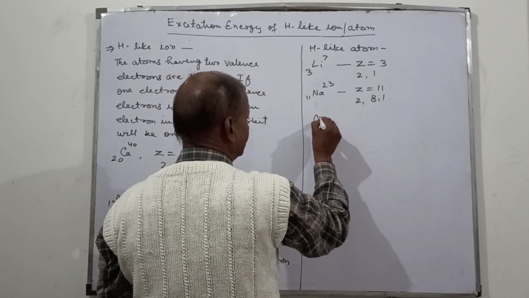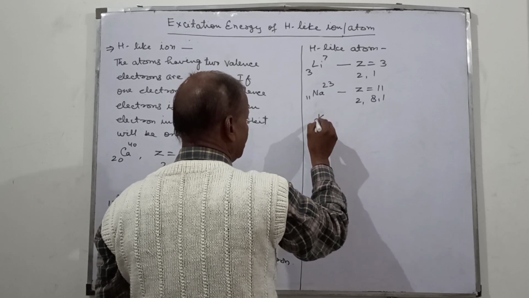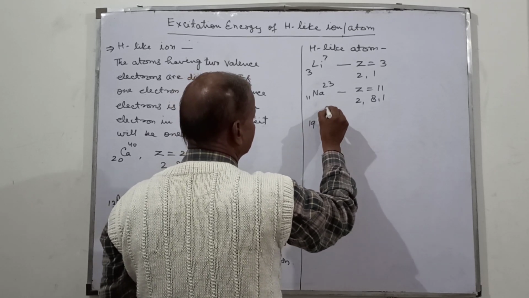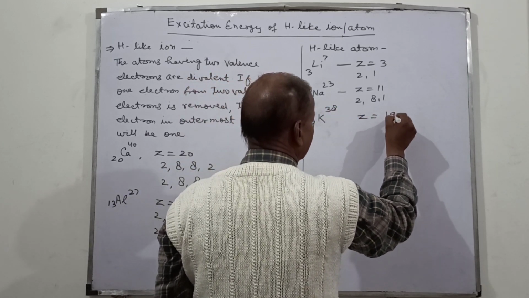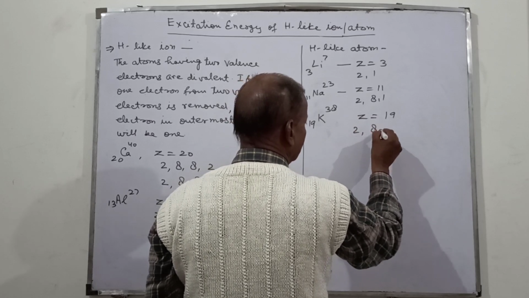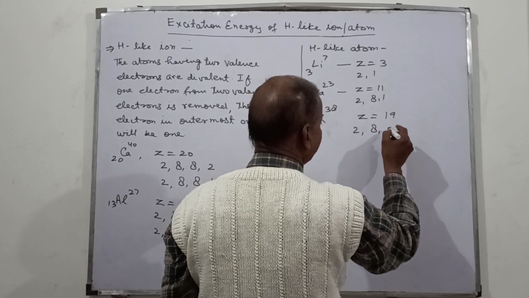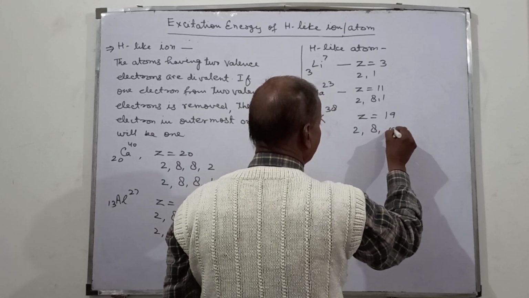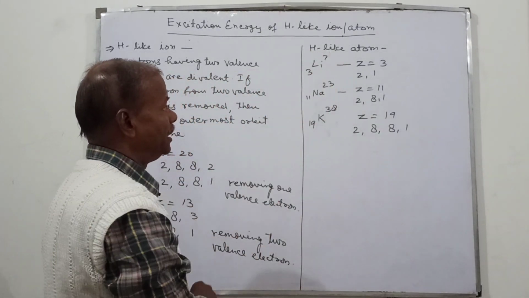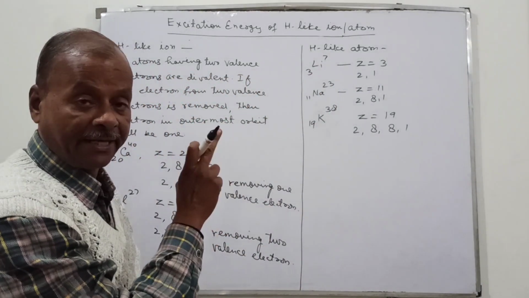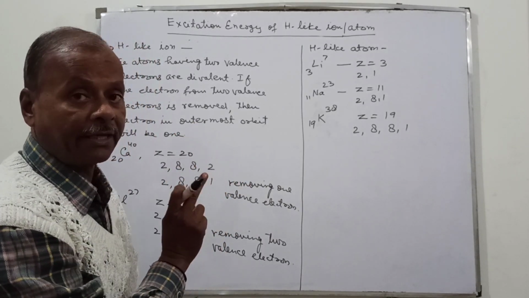Now potassium K, 19, 38. Here Z equals 19. So this is 2, 8, 8 and 1. The last electron is 1, just like the hydrogen atom. So the atoms having 1 electron as the valence electron are called hydrogen-like atoms.